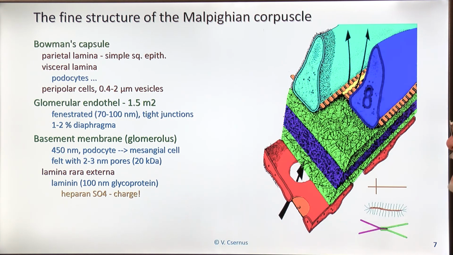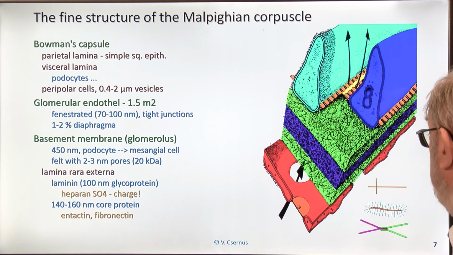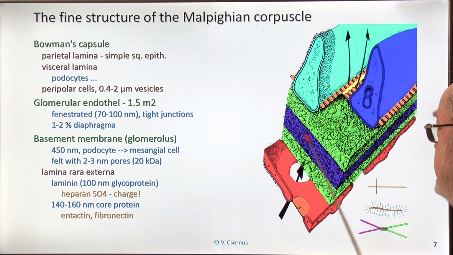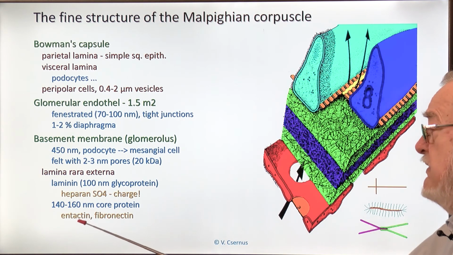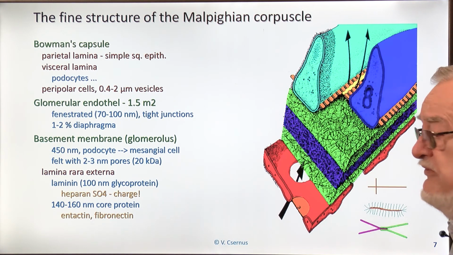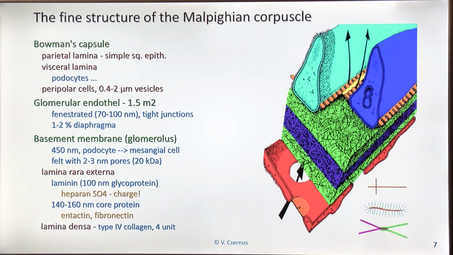So this charge probably also modifies which molecule can pass through and cannot pass through. The other component of the lamina rara is the so-called core protein. This interestingly looks like that, and this belongs to the glycoproteins, which is a sticky substance that makes a kind of integrity in the membrane. This is the type of entactin or fibronectin, very similar to these.